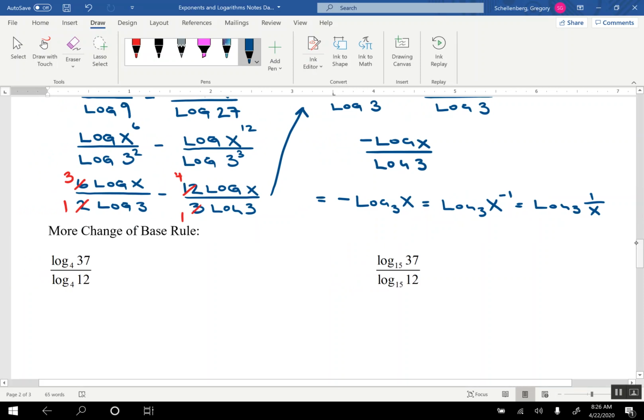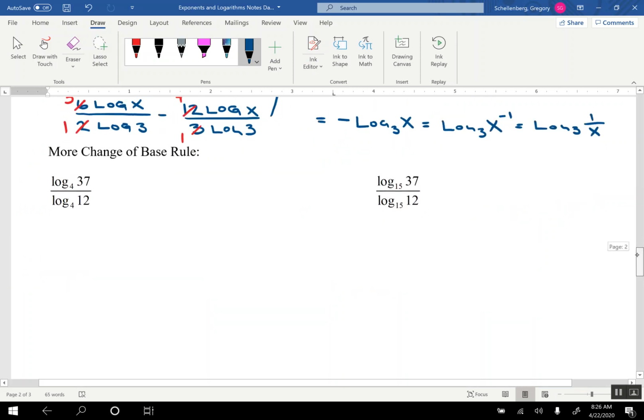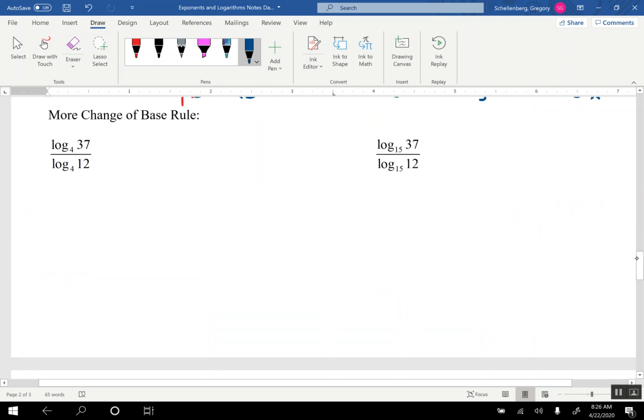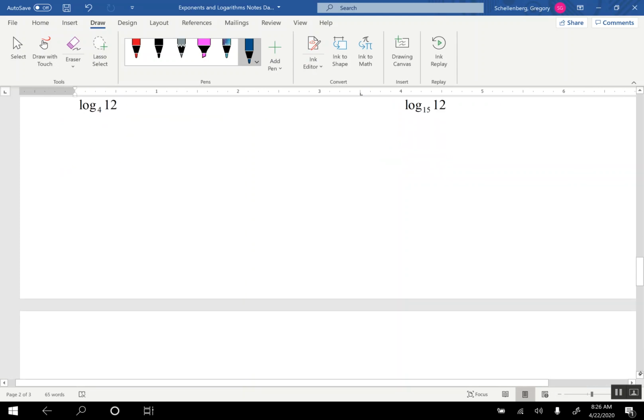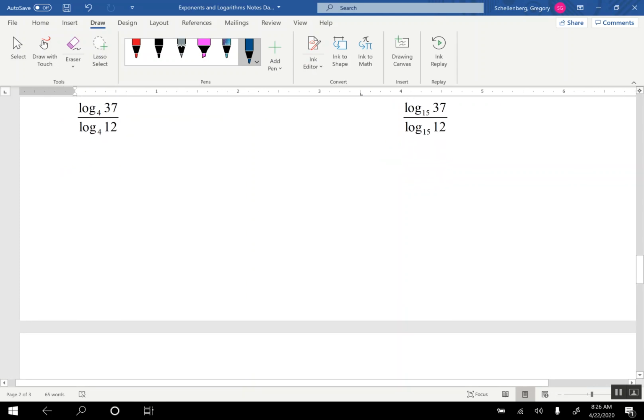So more change of base rule, and I touched on this at the top of the page here. But let's work with this first expression here. We've got log base 4 of 37 divided by log base 4 of 12. So I'm going to take the numerator and denominator there, and I'm going to use change of base with each of those.